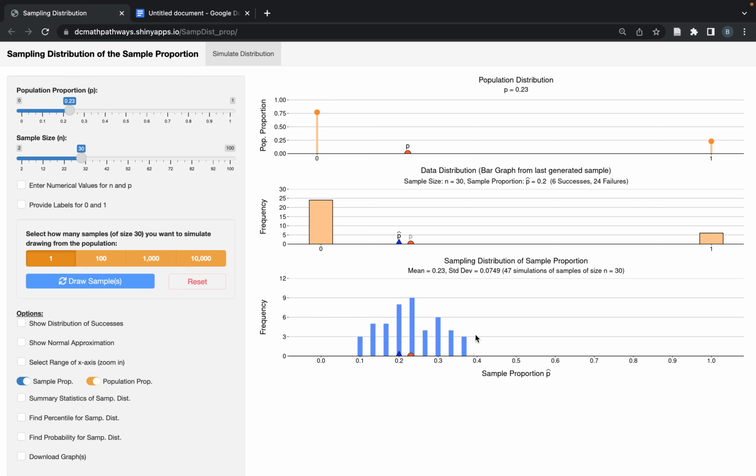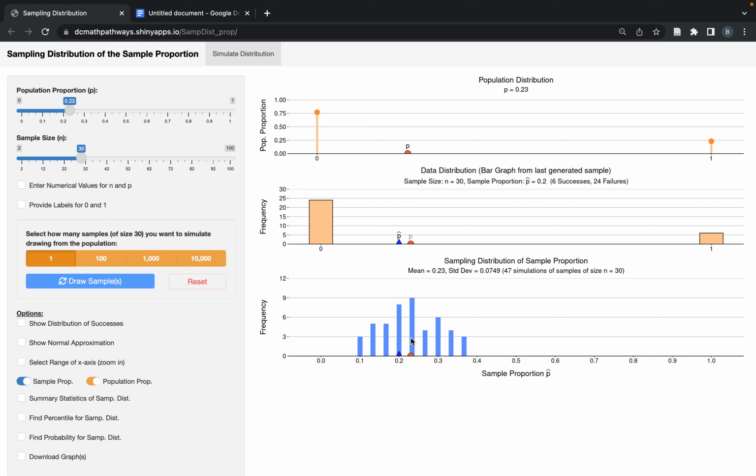And if we take the standard deviation of all of these different sample proportions, we end up with a standard deviation of 0.0749. So you can see that the average of all of our sample proportions is the same as our population proportion. And this standard deviation of all of the sample proportions is going to end up being our standard error.